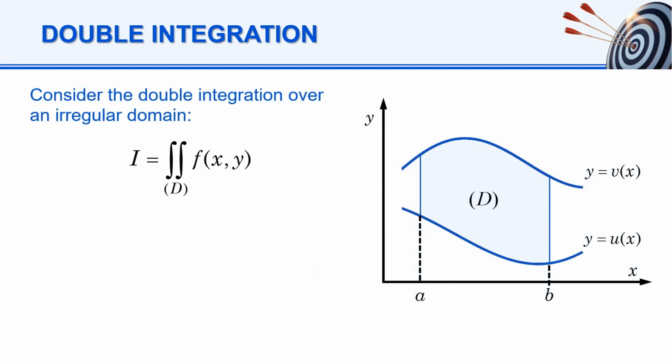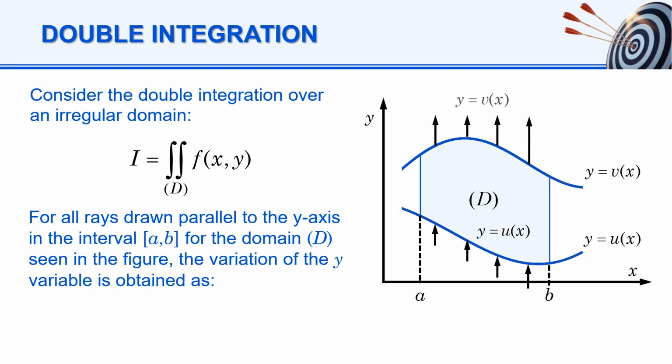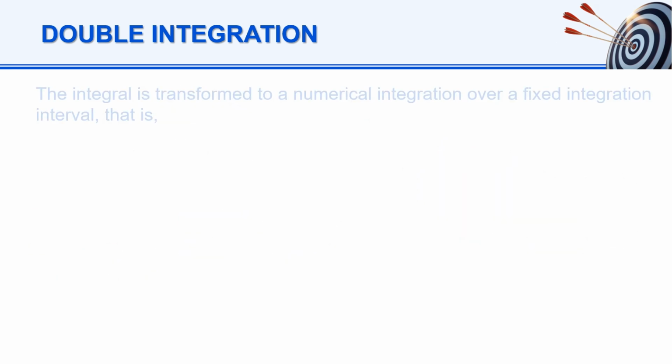Consider the double integration over an irregular domain. For all rays drawn parallel to the y-axis, in the interval from A to B for the domain D, seen in the figure, the variation of the y variable ranges from the lower curve to the upper one. So we can describe the domain as follows.